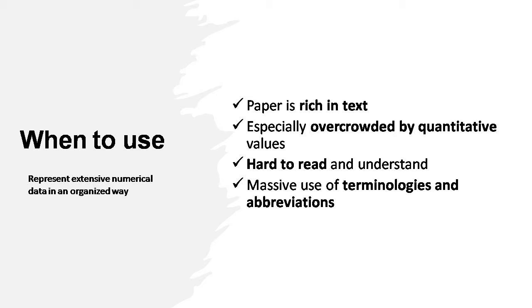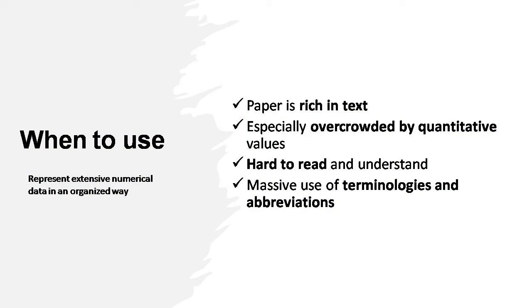Similarly, if there are massive values or measurements, then it will be hard to read. So if this is hard to read, then we need a table to replace the text or quantities.